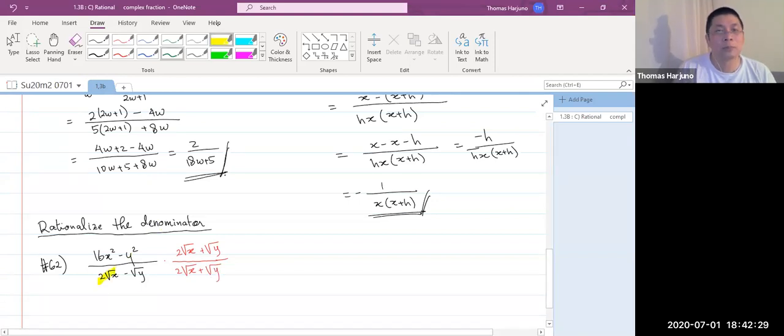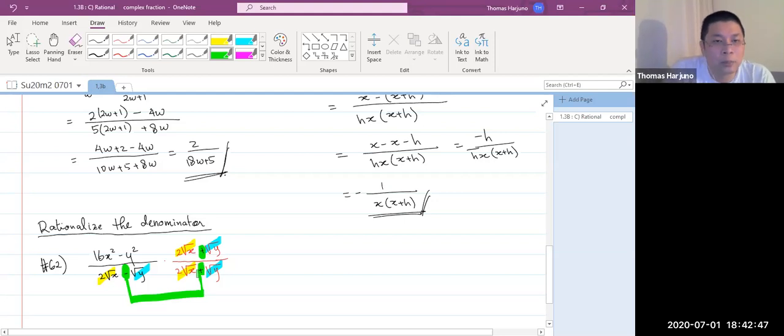So plus 2 radical x and radical y. The sign here has to be opposite, so that we can invoke the difference of squares property.